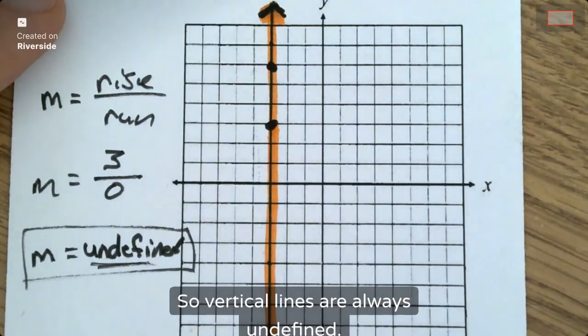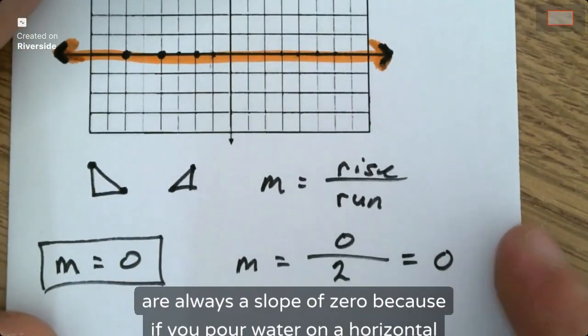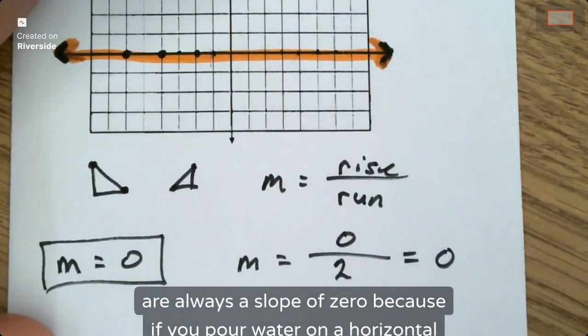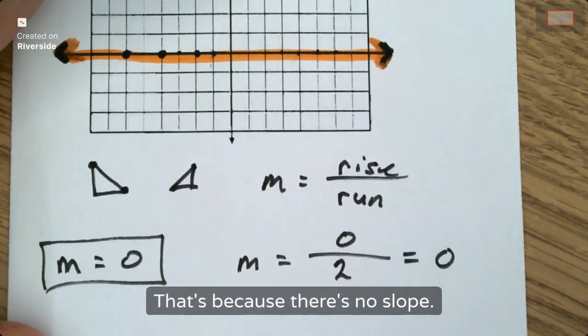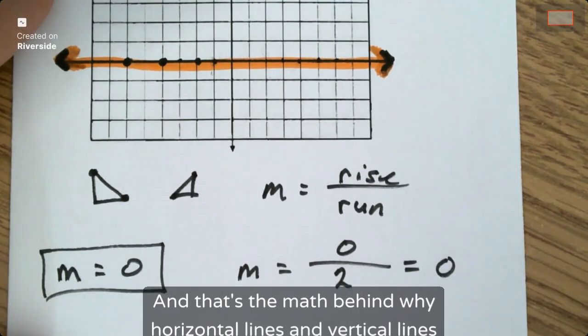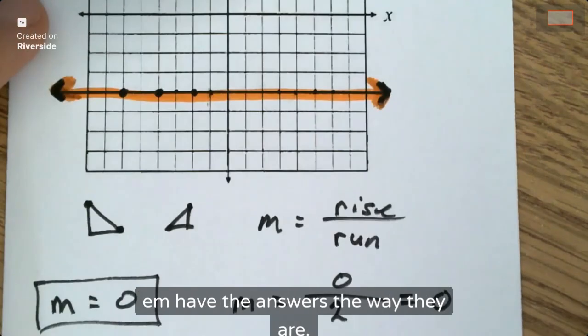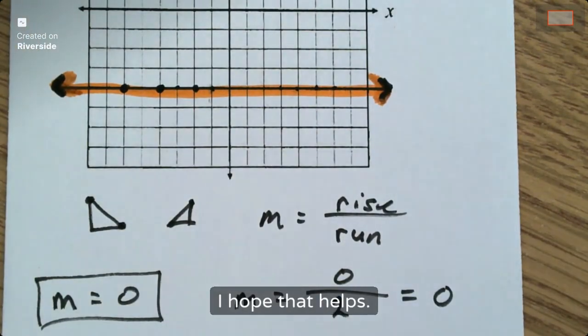Vertical lines are always undefined and horizontal lines are always a slope of 0, because if you pour water on a horizontal line, it will not ever run off the line. That's because the slope is 0. So there are your 2 special cases, and that's the math behind why horizontal lines and vertical lines have the answers the way they are. I hope that helps.